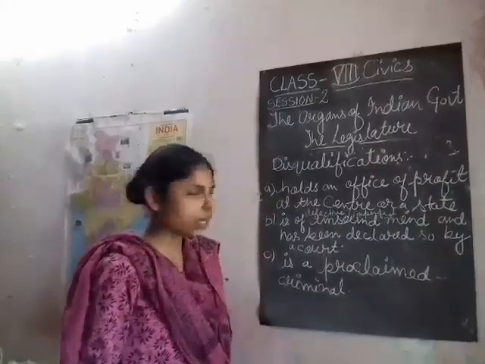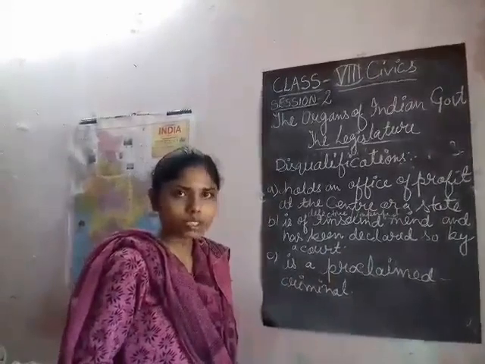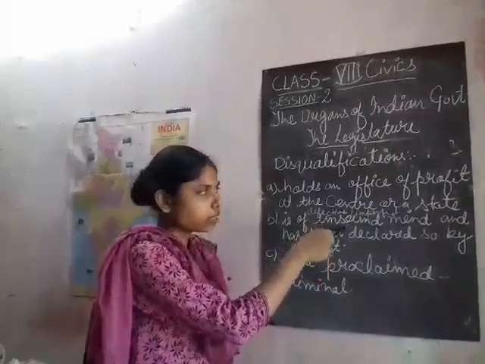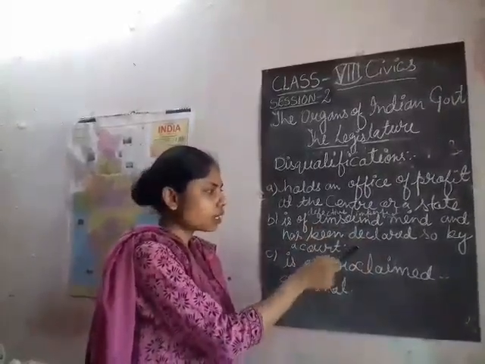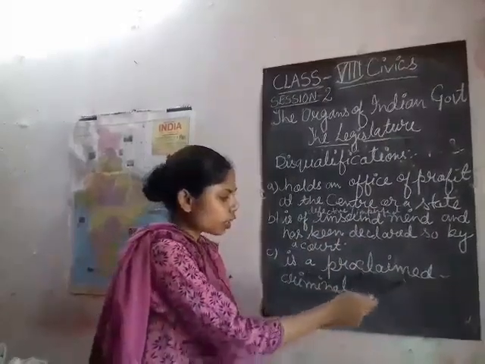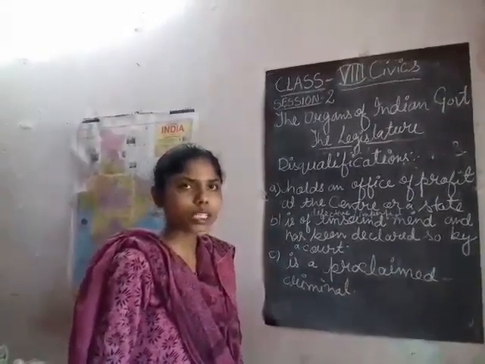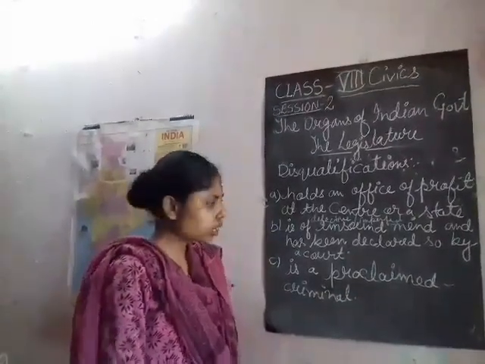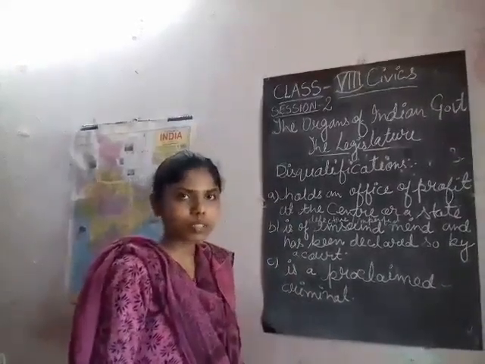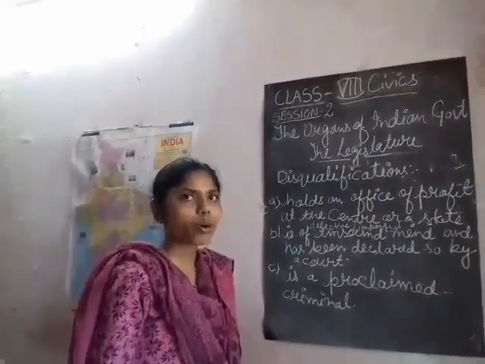Unsound mind means defective or imperfect mind, which has been declared by a court. Third, a proclaimed criminal. He or she should not have any criminal record. So if a person has any of these disqualifications, he or she cannot be a member of Rajya Sabha or Lok Sabha.